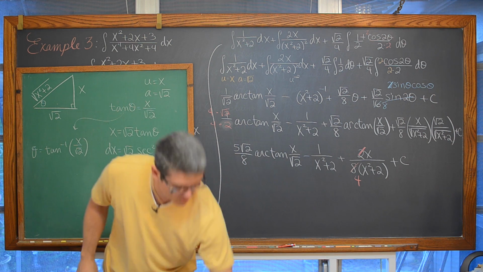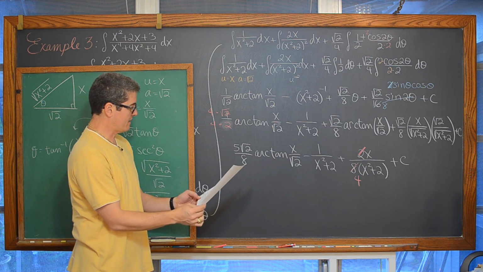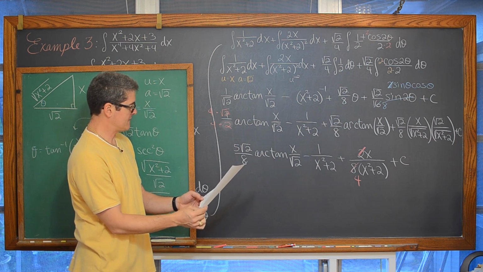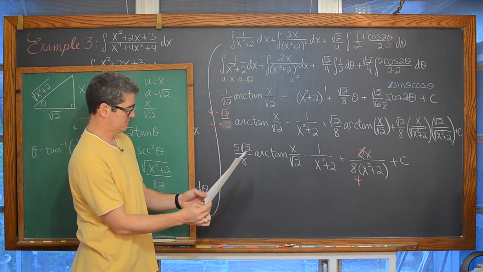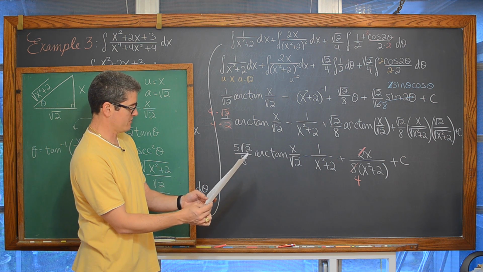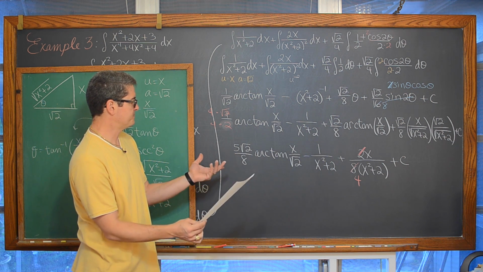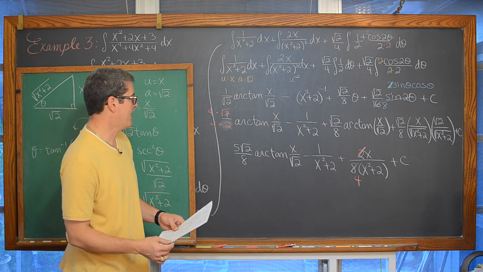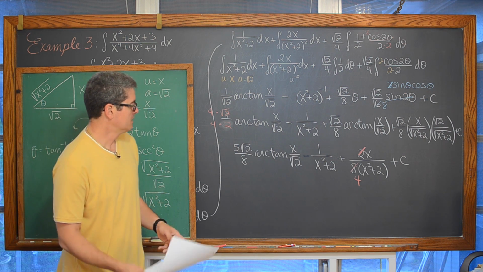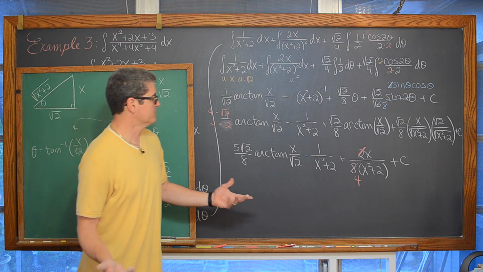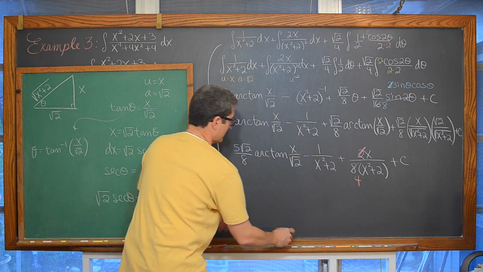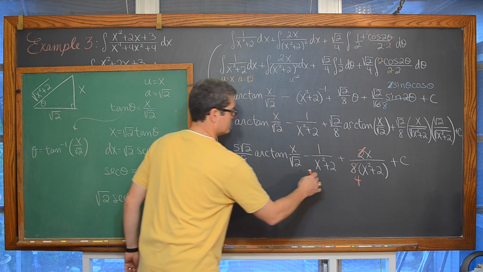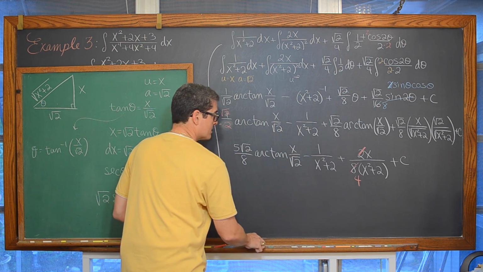And just to make sure we're finishing this off correctly, we have 5 square root of 2 over 8 arctan x over the square root of 2, and then plus, no real reason to put this together, but just to make the end of my problem match my notes, we have easily found common denominators here.